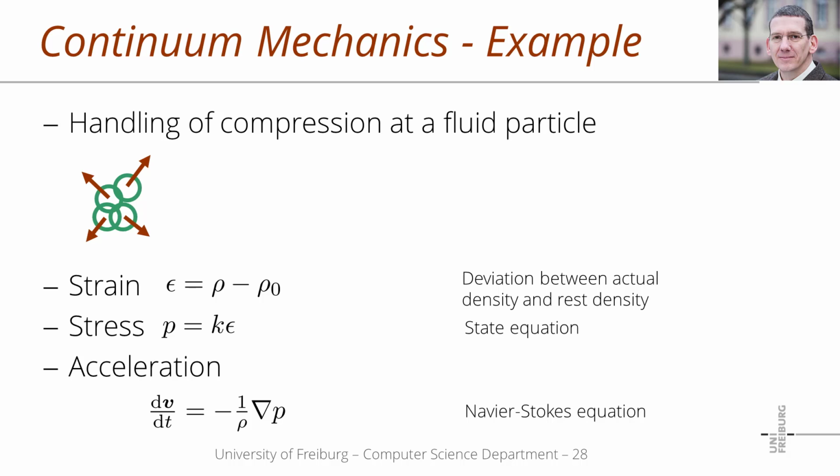This term accelerates particles from regions with high pressure to regions with low pressure, and the acceleration is actually part of the Navier-Stokes equation that governs the velocity changes at fluid particles. Now, concepts from continuum mechanics can not only be used to derive compression forces, but they can be used to derive all types of forces that occur in arbitrary materials.